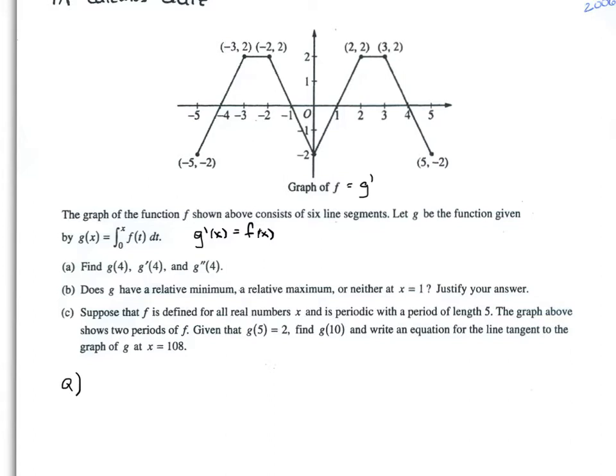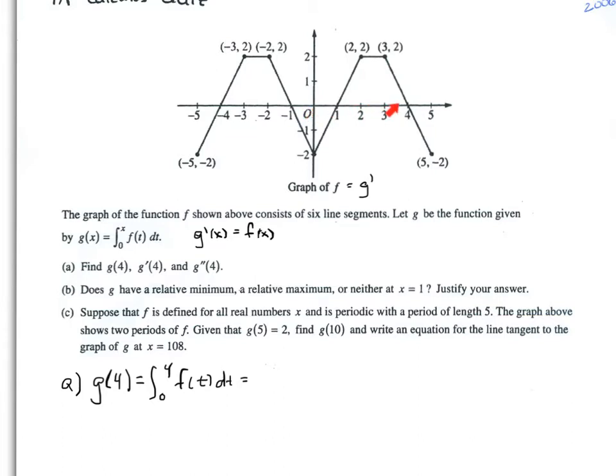So let's just substitute into the expression that they gave us for g of x. So g of 4 is the integral from 0 to 4 of f of t. Now again, up here, this is the graph of f, and we are looking at the integral from 0 to 4.